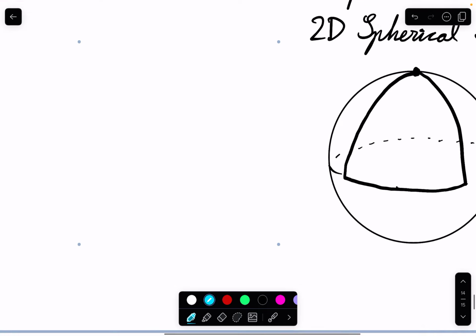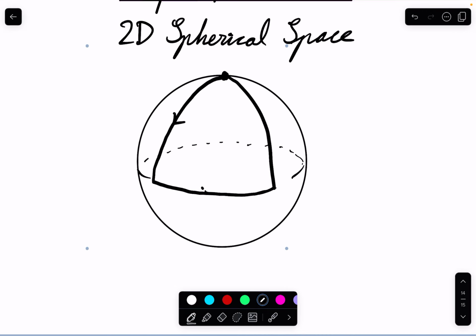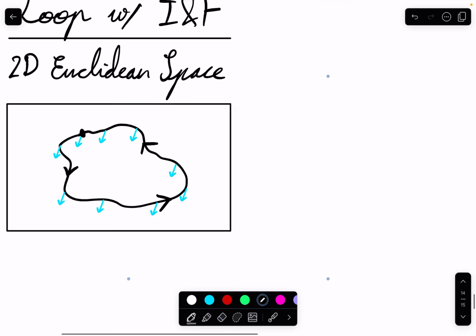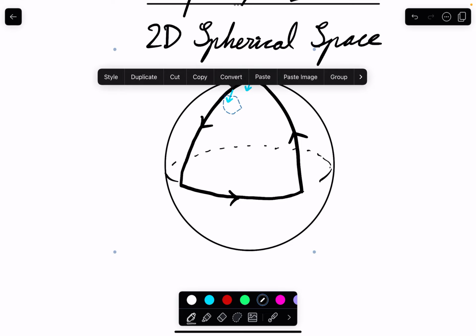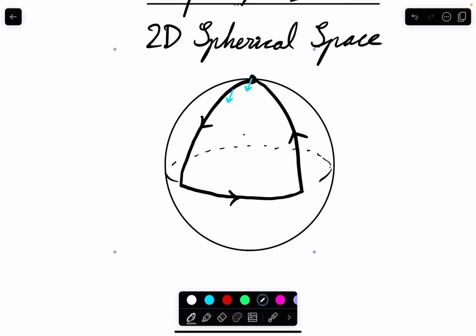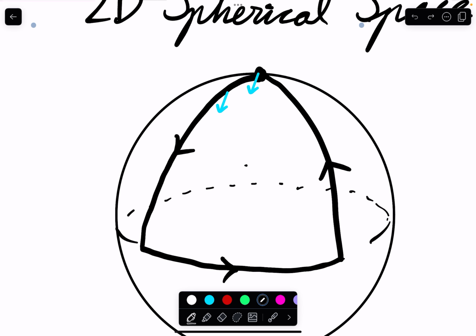But if I have the vector and I start here, then it's going to go like this. I just need to make sure that I'm drawing this correctly. Yes, okay, so it's going to look more or less the same coming down.